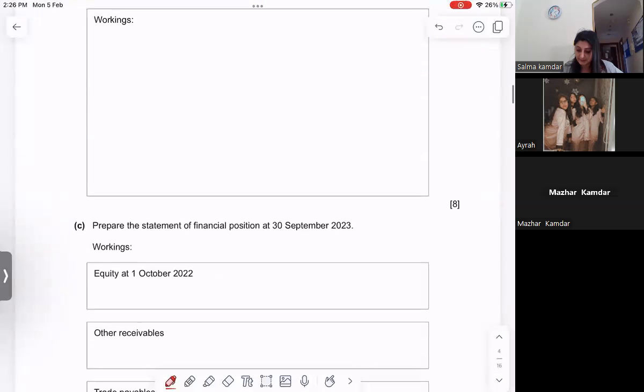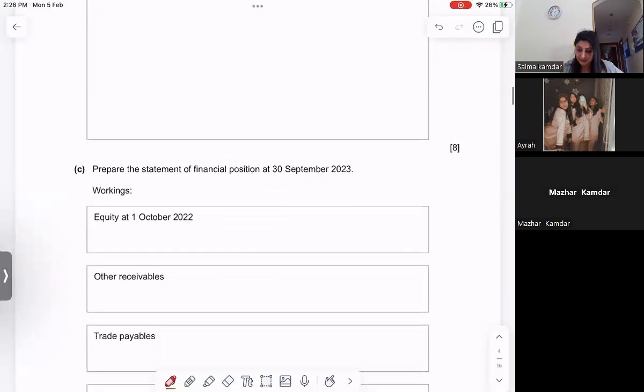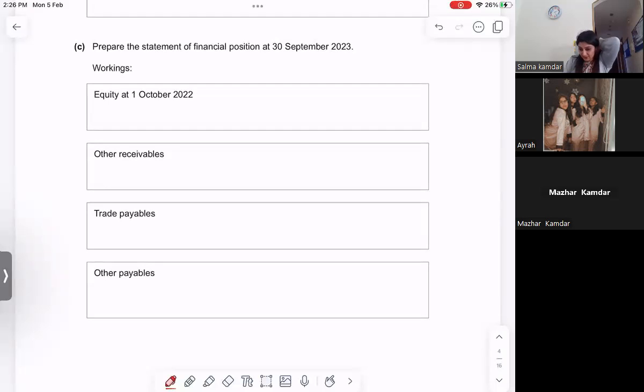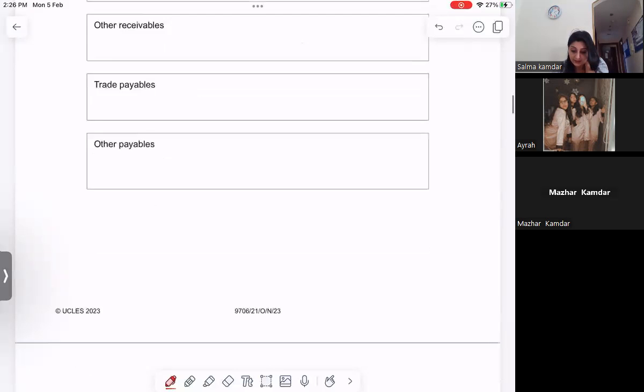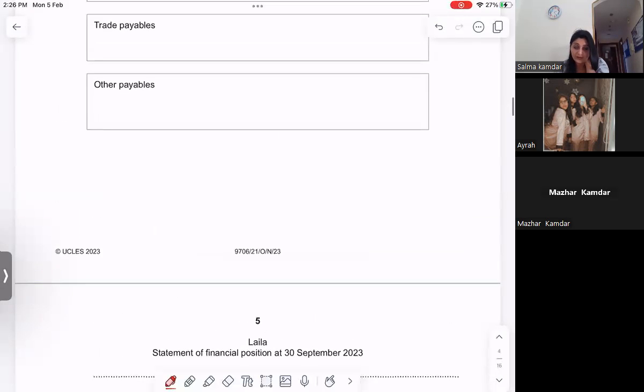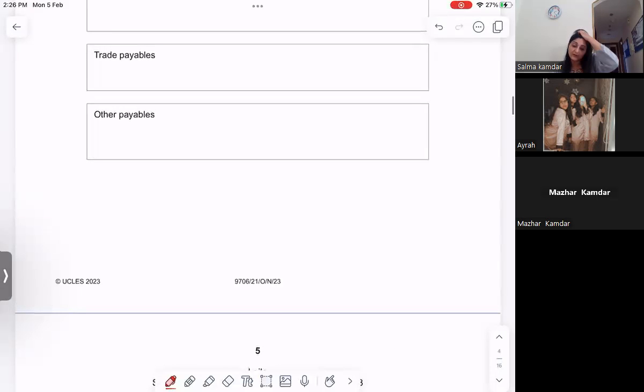Done. I have to prepare the statement of financial position, where you have to find your equity, other receivable, other payable, trade payables. So you have to prepare your full statement of financial position. I'm giving you some time.